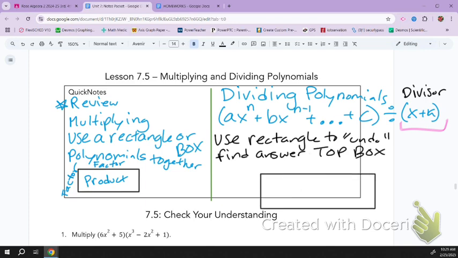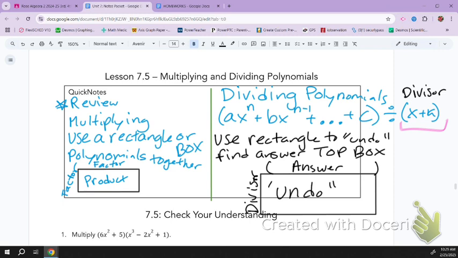The size of the box really just depends. But we have our divisor on the left side. Our answer will come out of the top. And again, we're trying to undo this as we go.